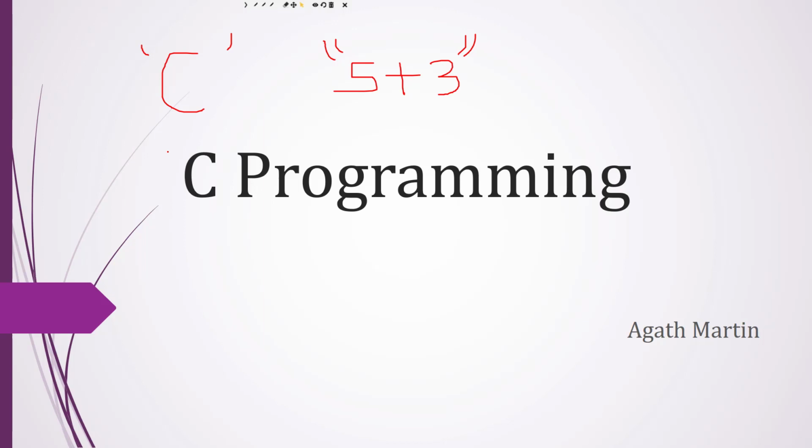Similarly, here in this slide, our title, C programming, is enclosed within double quotes, so we can call it a string constant. It doesn't have an equivalent ASCII value. How a string is stored in memory, we will study later.